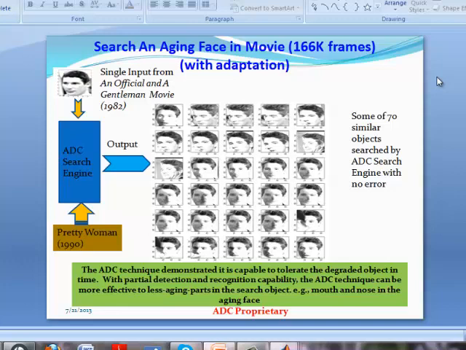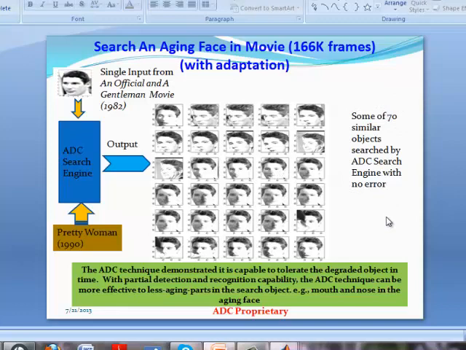In this case, we extract just a single image from An Officer and a Gentleman. Then we run the movie Pretty Woman, which is 8 years later, meaning Richard Gere aged about 8 years, and see if it can find the right person. Sure enough, with this input it identifies the same person, Richard Gere, with no mistake, finding about 70 similar objects.